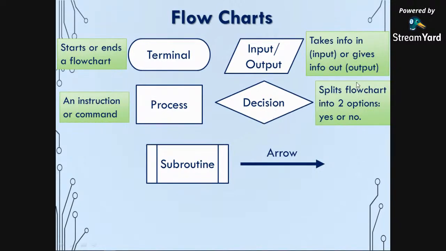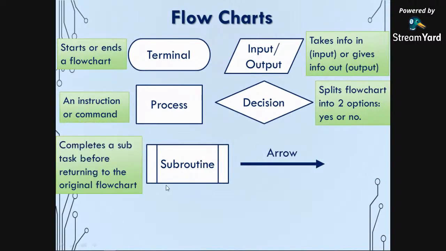But a decision splits the flowchart into two options, yes or no. So it's like a Boolean decision going, is this the case, yes or no? You've got a Boolean answer there. Okay. Then a subroutine. We've talked a bit about subroutines as well. This completes a subtask before returning to the original flowchart.